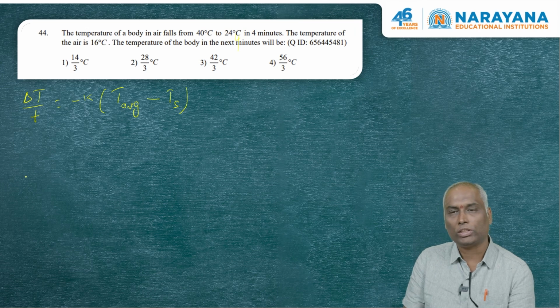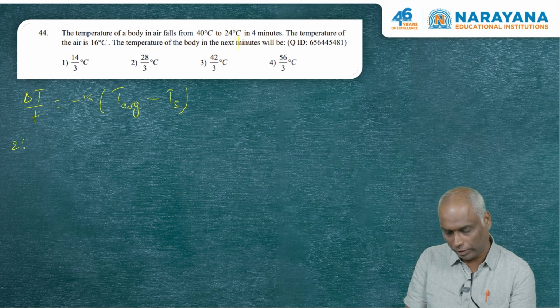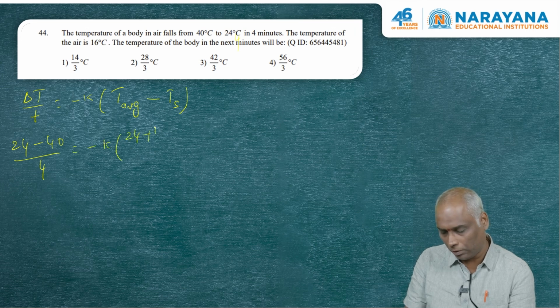When I take the first 4 minutes, the temperature changes from 40 degrees centigrade to 24 degrees centigrade. So (24 minus 40) divided by the time taken, 4, equals minus K into the average temperature, which is (24 plus 40) divided by 2, minus the temperature of the surroundings, which is 16.